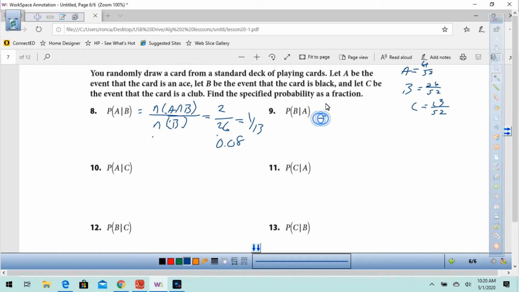Well, again, that's going to be the number of A intersection B divided by the number of A. We have 2 black aces, and then we have 4 aces, so that's going to be 1/2 or 0.5.